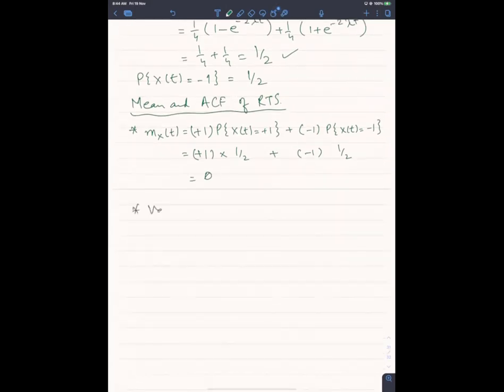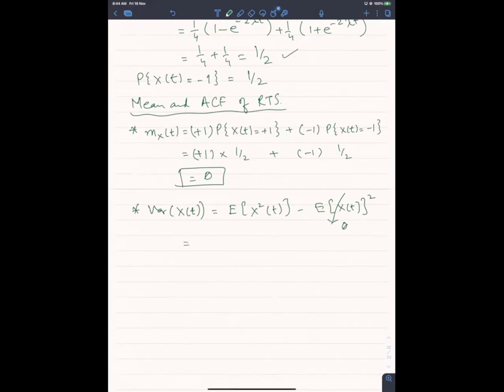Let's try to find out the variance of X(t) as well and see if it is constant. Variance would be equal to the expected value of X squared(t) minus the expected value of X(t) whole squared. This is already 0, we just found it out. Expected value of X(t) is 0. So what about this guy, the expected value of X squared(t)?